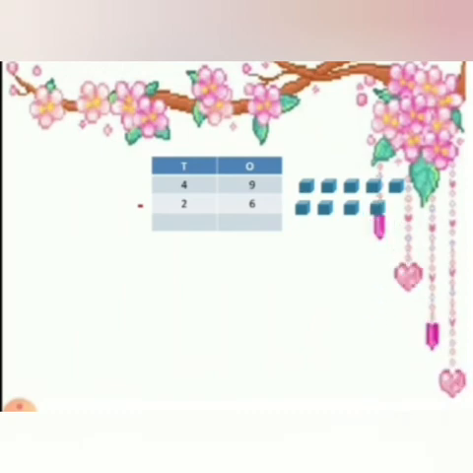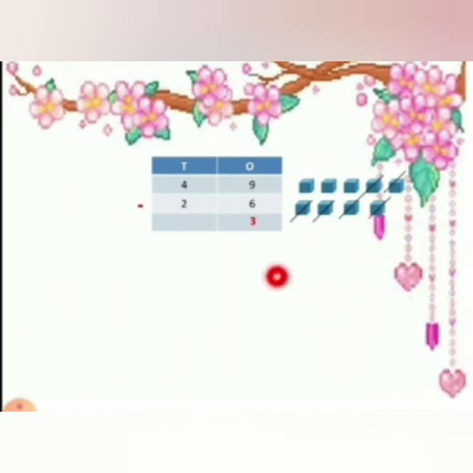Now how many we have to take out? 6. So we will take out 6. 1, 2, 3, 4, 5 and 6. How many are left? 1, 2 and 3. So 9 minus 6 is equal to 3.